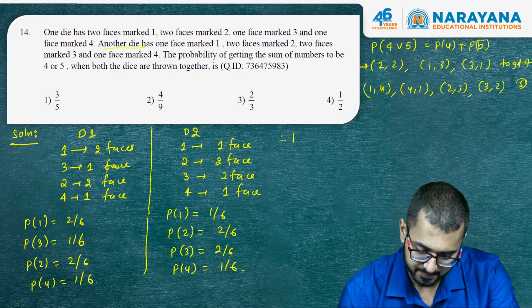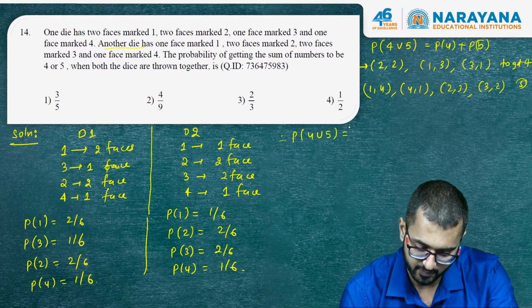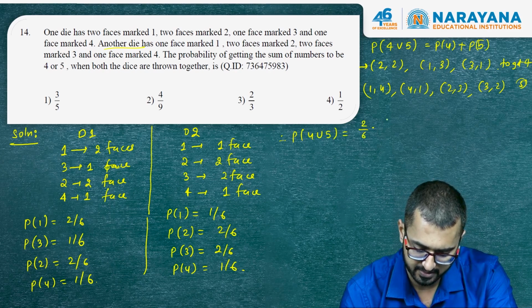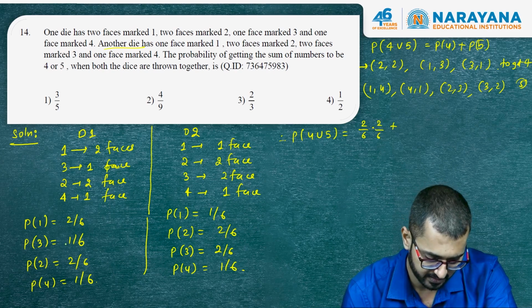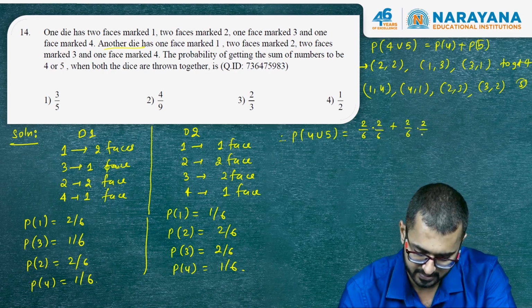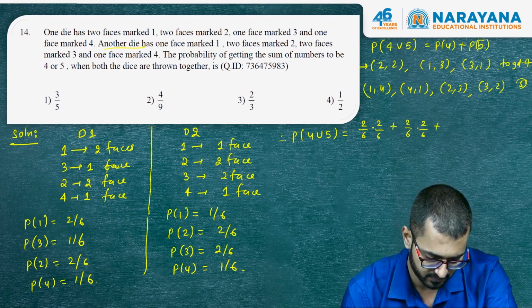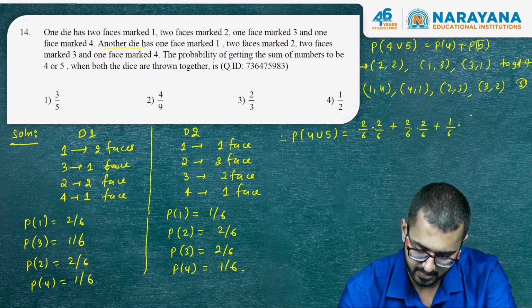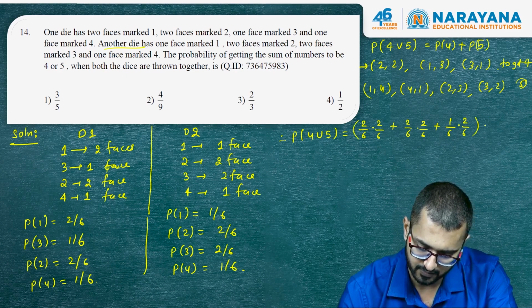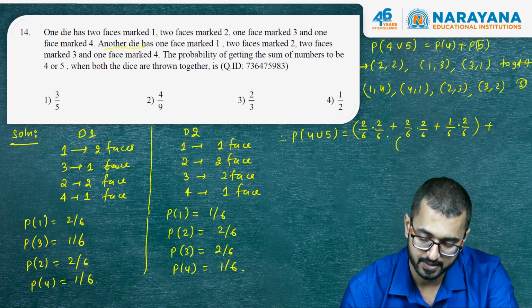So let's write down the probability then. So P of 4 union 5 will now become 2 2. So 2 on the first die will become 2 by 6 and 2 on the second die will become again 2 by 6. This plus for 1 3, for 1 we have 2 by 6 and for 3 we have again 2 by 6, and then plus for 3 1, for 3 we have 1 by 6 and for 1 we have 2 by 6. This is for 4, and then plus for 5 we will now write down the entries.